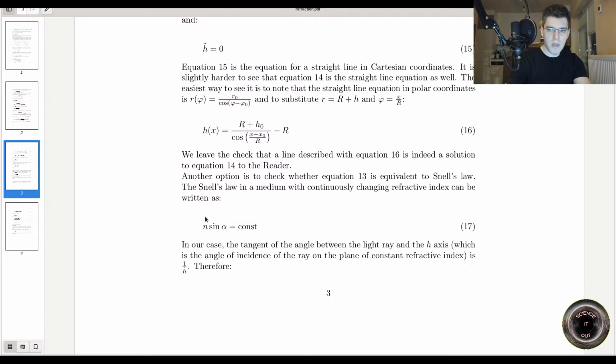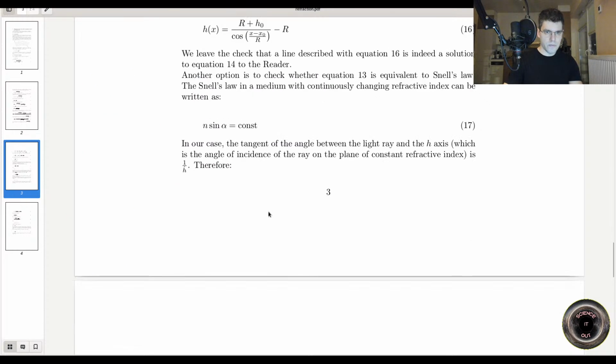So if we continue from here, this paragraph says basically that 1 over h dot equals tangent of alpha.